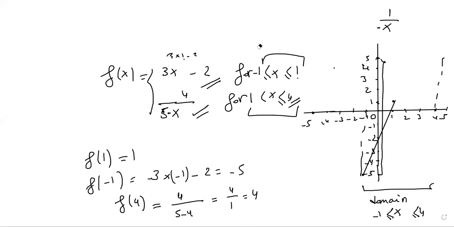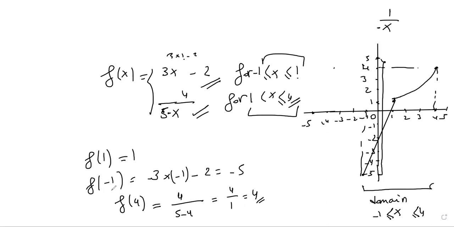So the graph should be like that. For 4, the image is 4, so it will be a point here, and I just need to link it like that. My graph is not that good, but I'm trying as much as I can. So this is the graph, a more accurate one. So this is the image, right?